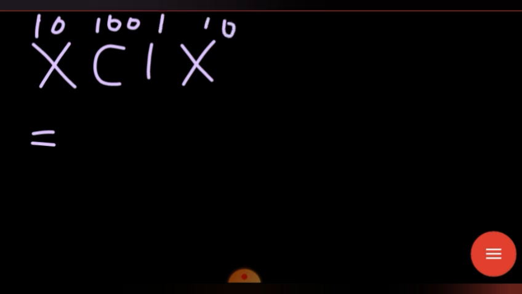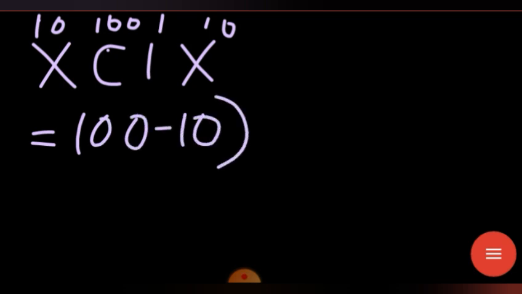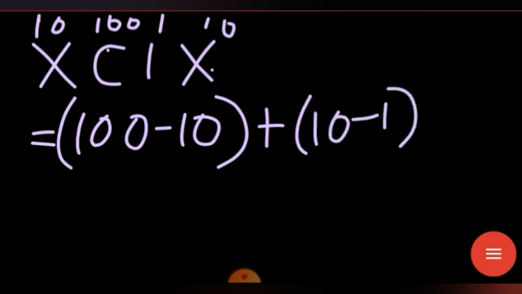Then you look here: 100 is greater than this 10. In that case, what we will do is write 100 minus 10. Then plus. In the second case also, the greater number is to the right of the smaller number. In that case also, write 10 minus 1.